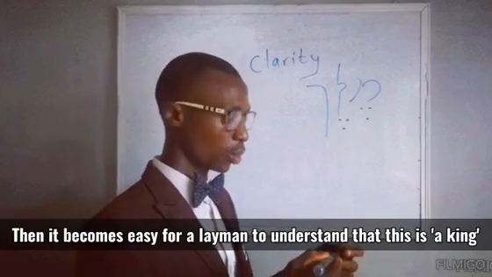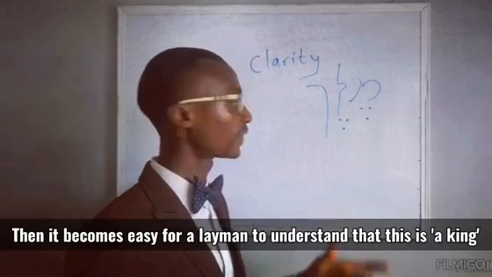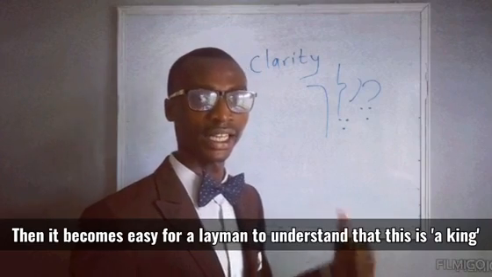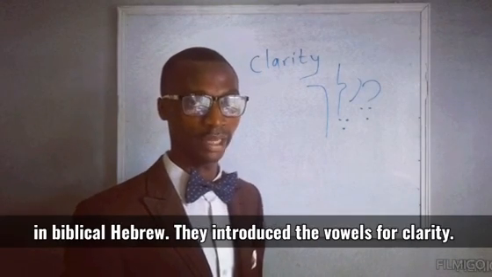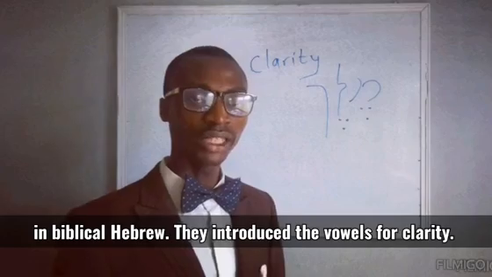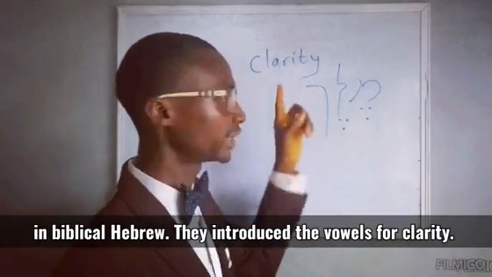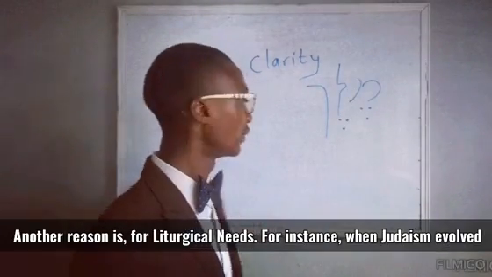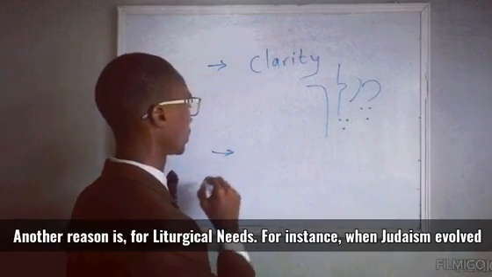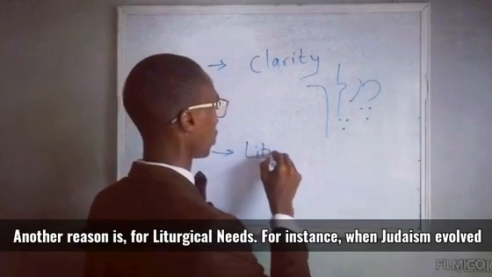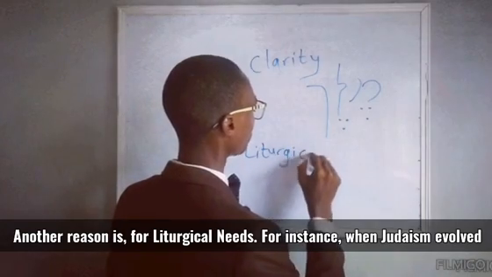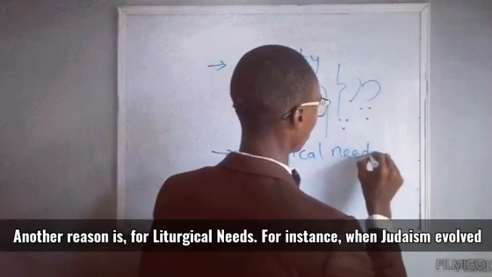Then it becomes easy for a layman to understand that this is a king in biblical Hebrew. So they introduced the vowels for clarity. That's number one.